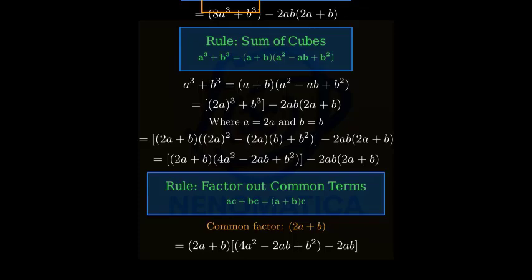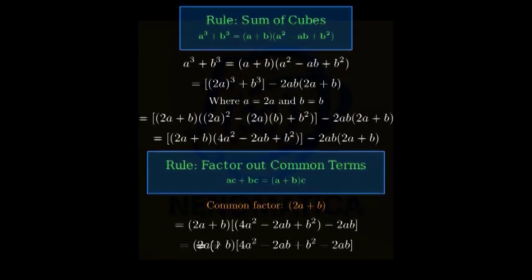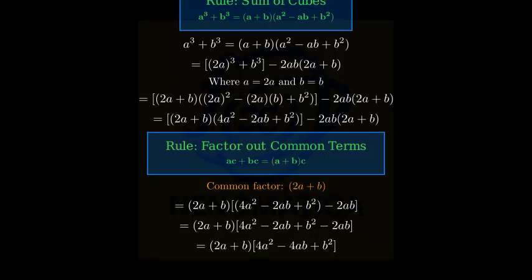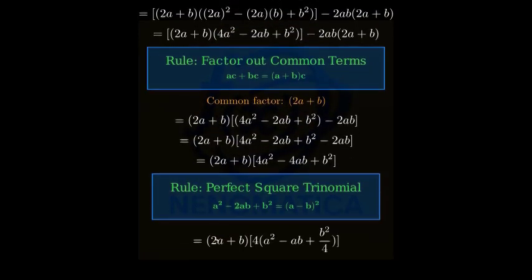Let's simplify the expression inside the square brackets. We get 4a squared minus 2ab plus b squared minus 2ab, which simplifies to 4a squared minus 4ab plus b squared. Now we need to factor the quadratic expression in the brackets. We can rewrite 4a squared minus 4ab plus b squared as the quantity 2a minus b, squared.